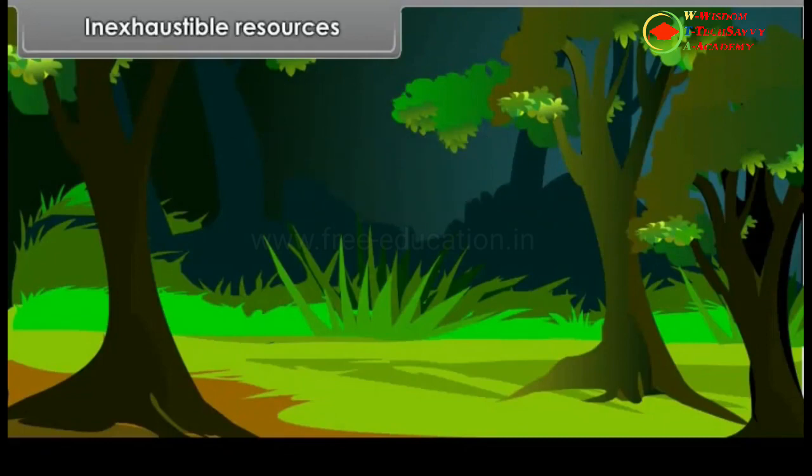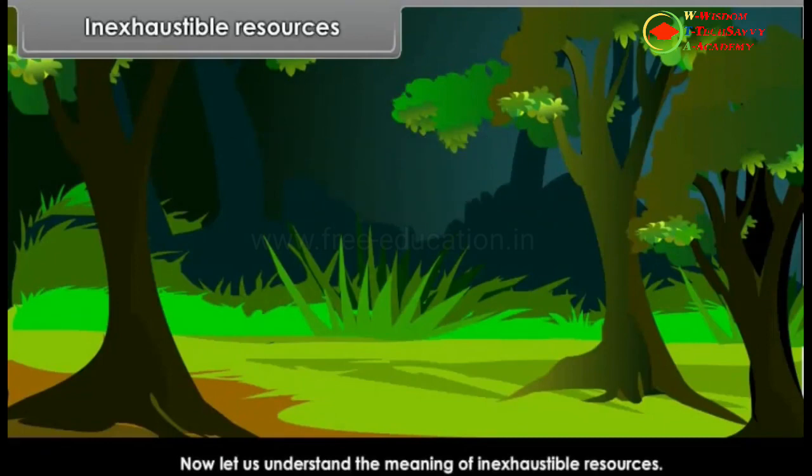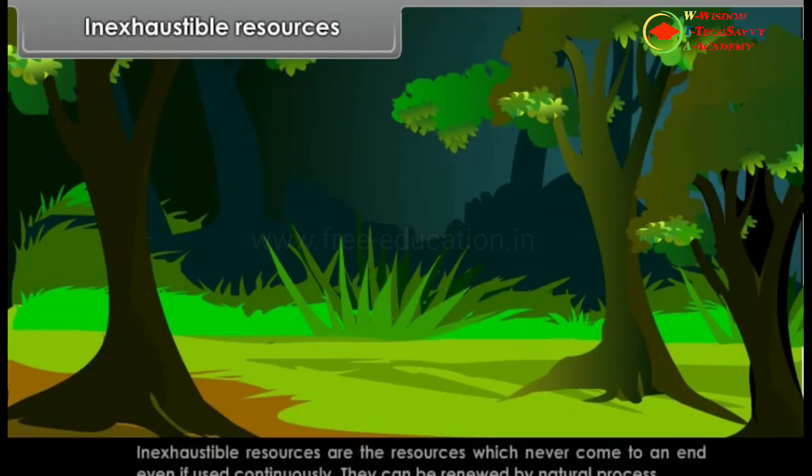Inexhaustible resources. Now, let us understand the meaning of inexhaustible resources. Inexhaustible resources are the resources which never come to an end, even if used continuously. They can be renewed by natural process.